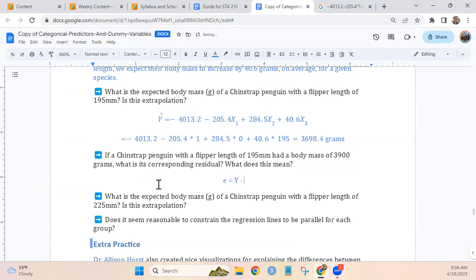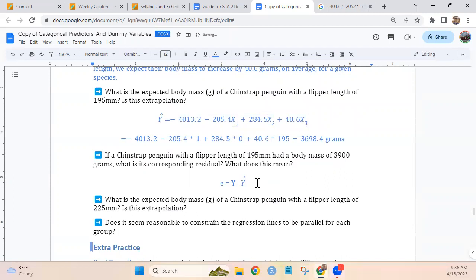Right, so residual in general is equal to, which is important to know, even though we're going over categorical predictors here, which I said is not on the exam, you do need to know how to calculate a residual value for a regression model. So that in general is equal to actual minus predicted value. That's the formula for a residual.